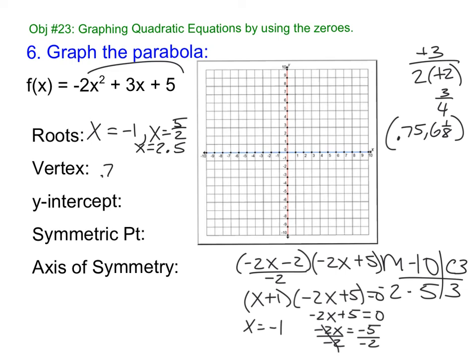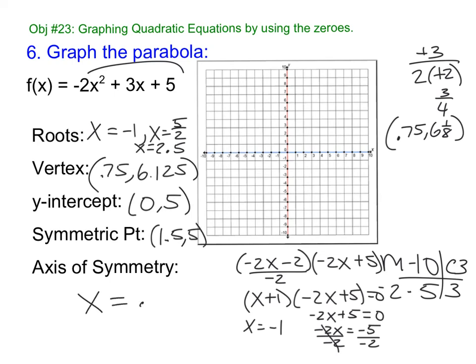All right, 0.75, 6.125. Y-intercept, 0.5, our C value. Symmetric point, if we double 0.75, what's that? If I have 75 cents twice, I have $1.50. So 1.5 comma 5. Axis of symmetry, x equals, again, that vertex.